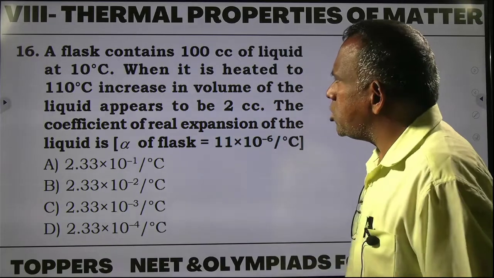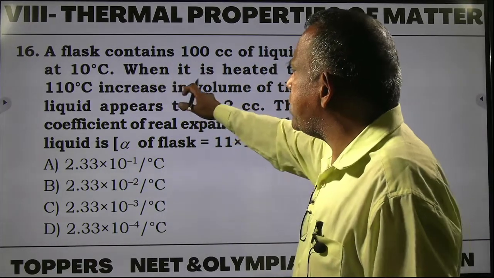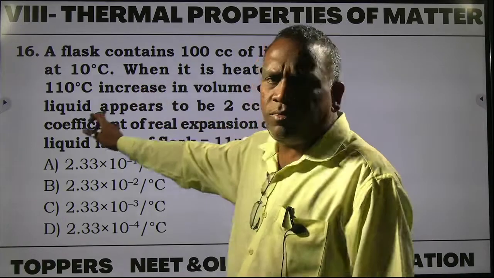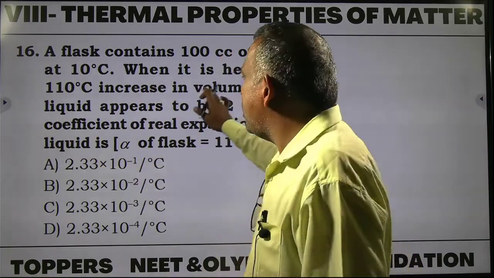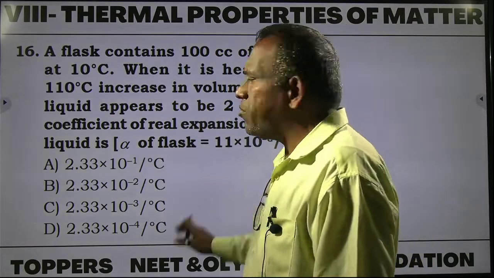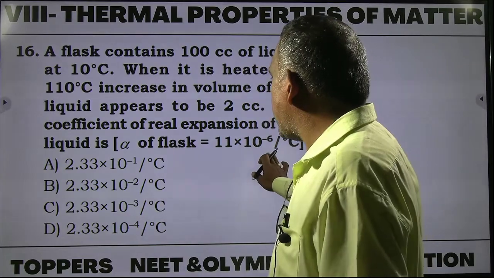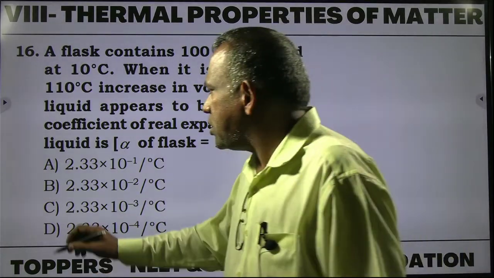Coming to the next question, a flask contains 100 cc of liquid at 10 degrees centigrade. When it is heated to 110 degrees centigrade, the volume of the liquid appears to increase by 2 cc. Then what is the coefficient of real expansion? Similar model problem, alpha is given, that is 11 into 10 power minus 6.